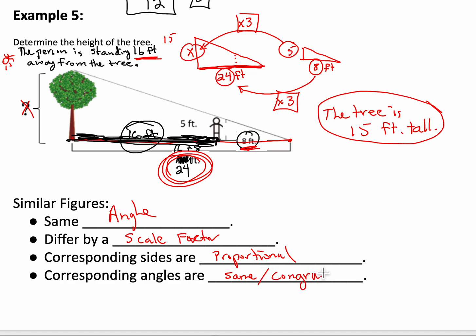That would be probably a better mathematical word to use, congruent, but they are the same, meaning that the sides are different, but proportionally different. That's why I didn't put different up here, because you could have different sides that aren't proportional, which would make it look different, but then that would change your angles. And that is using scale factor in finding similar figures.